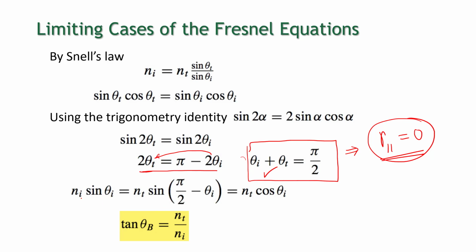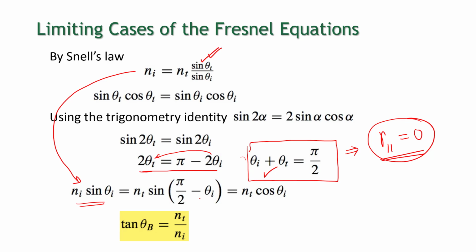Now we can go back to our previous equation, or Snell's law, I mean. Here we have Ni sine theta I on the left, and then Nt sine theta t.